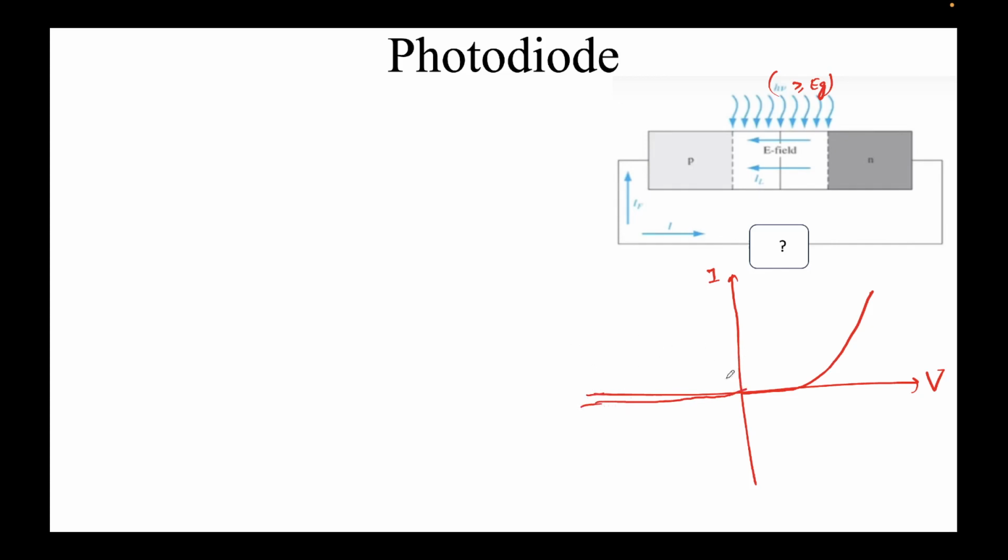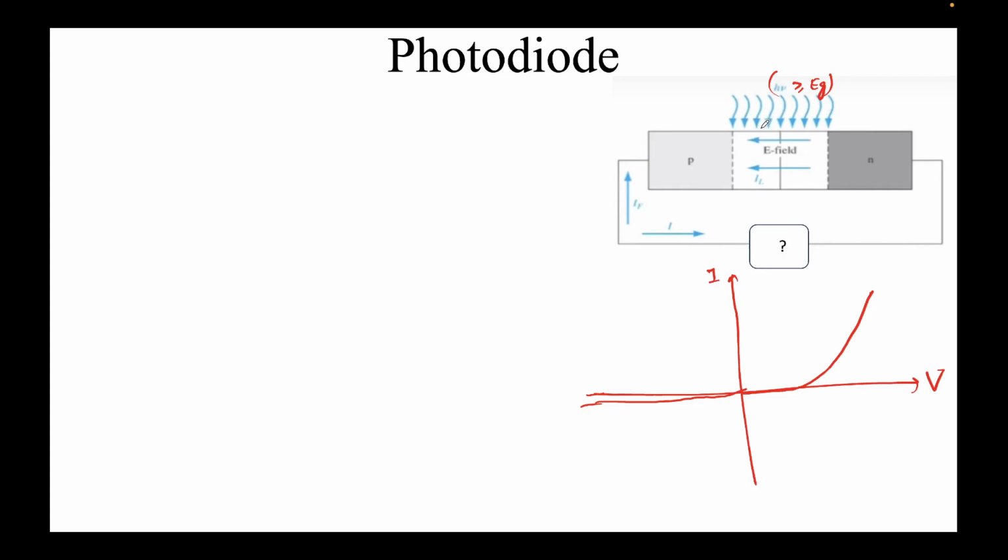This is the current that will be flowing in this circuit, and I'm not applying any bias. You will argue that this circuit is not complete; for a current to flow there has to be something here, a battery, a resistor. Let me just say there's a load here, so I'm still not applying any bias, just shining light.